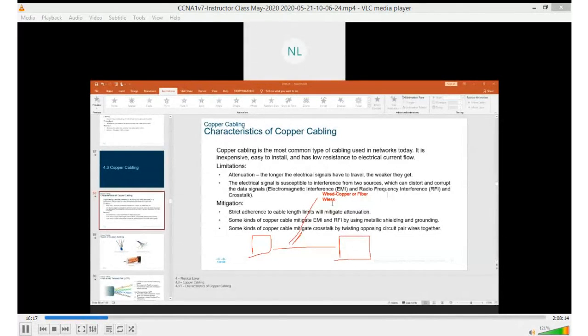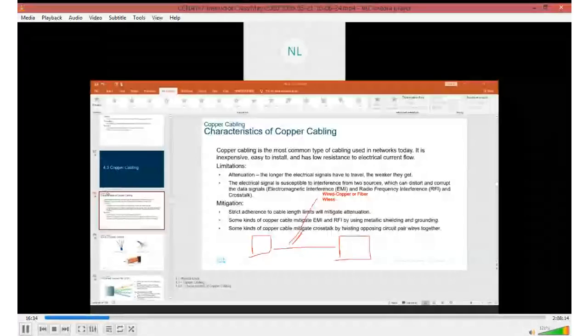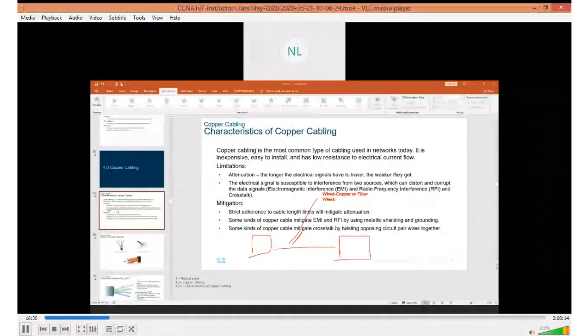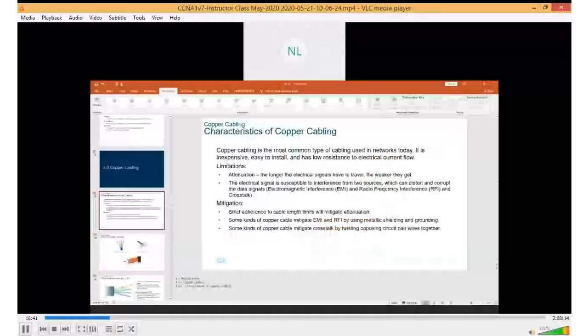Now that we're going to talk about copper, copper also has types. We have STP, UTP, and then coaxial.